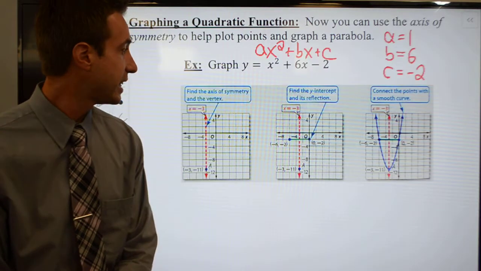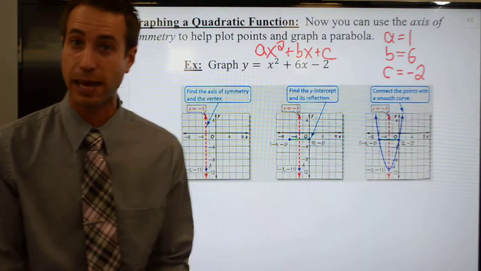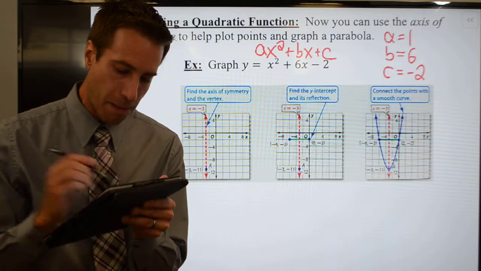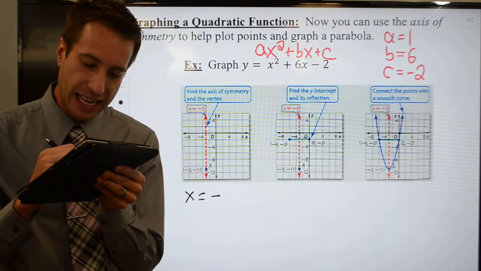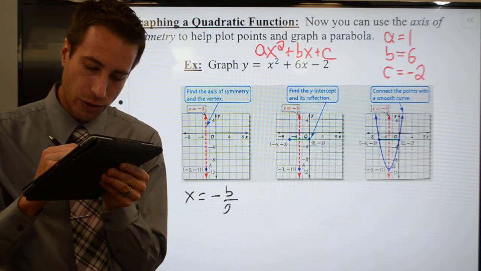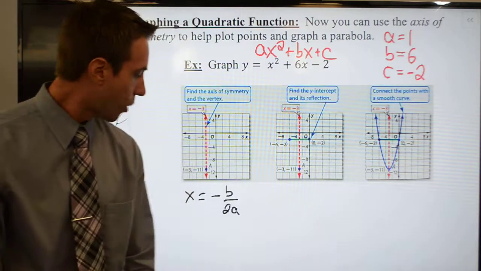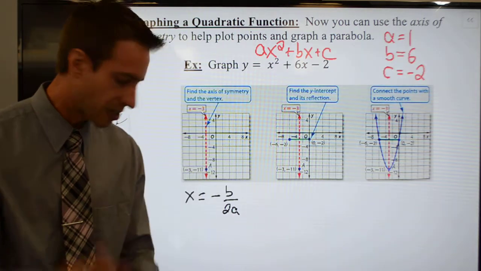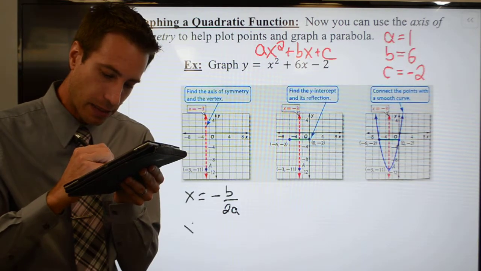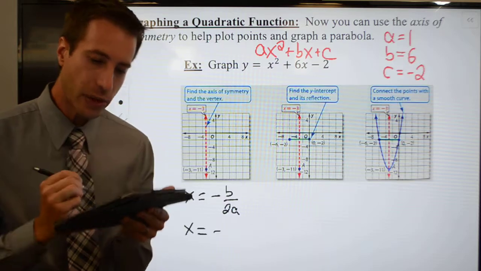Now, what do we do with those? Well, the first thing you're going to need to do is find the axis of symmetry. Remember, from the chart above, we do that by finding x is equal to negative b over 2a. Now that I've identified what b and a are, we just plug that stuff in. So x is going to be equal to a negative.